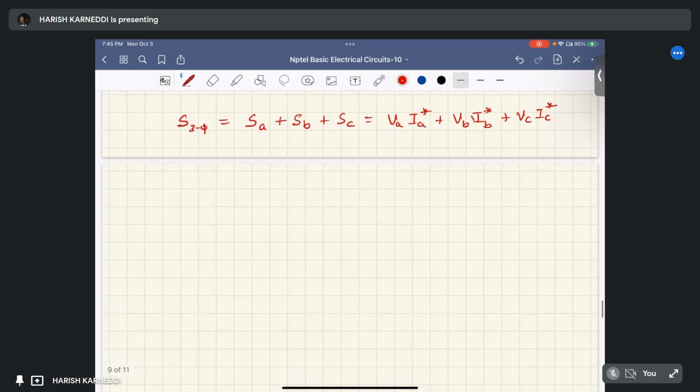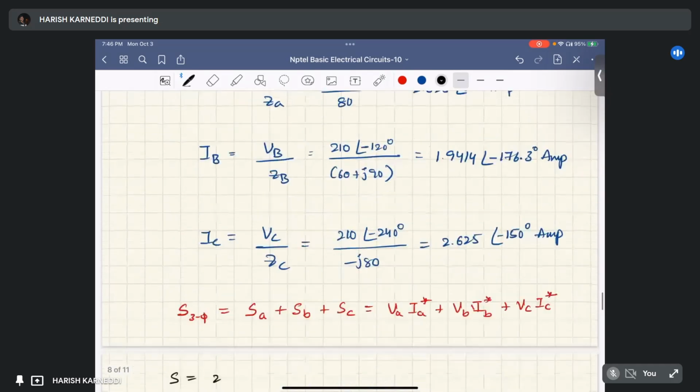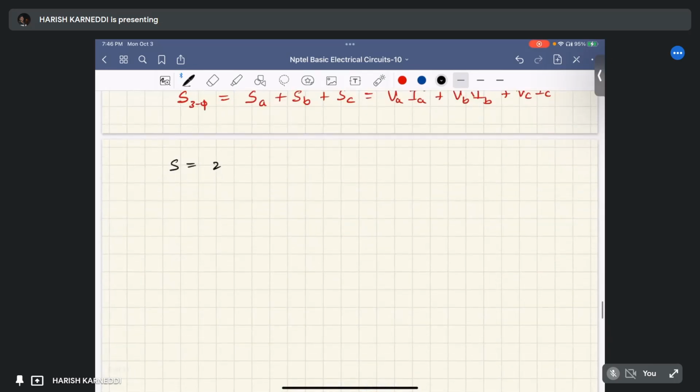So the apparent power S, I'm representing the three phase S simply with S. So S equals VA, that is 210 at an angle of 0 degrees, into IA.